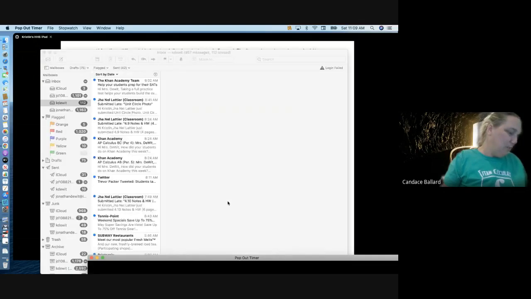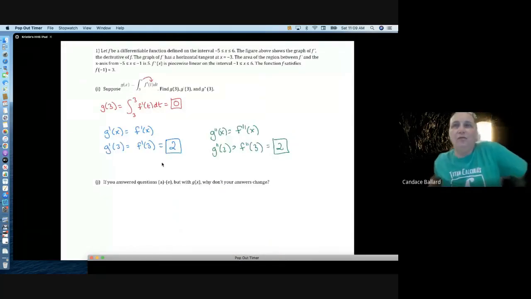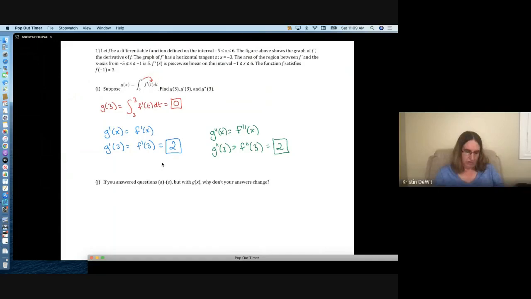I think he's just trying to point out that your g of x and your f of x are equivalent. Yeah, well, if the derivatives are equal, the concavities are equal, then the functions would be equal.